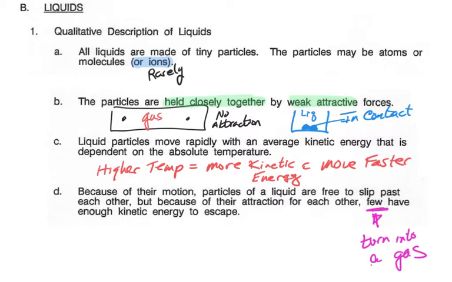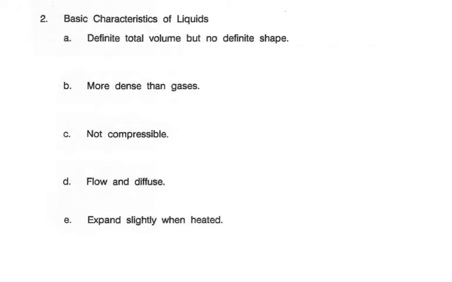So those vapors are because there's always a vapor above every liquid. Every liquid has a vapor above it. So we always have that. The big thing here is that they can move. Okay, so particles are free to slip past each other, so they move. That means that they can flow, they can do all kinds of things, but they don't leave each other very often, don't break apart.